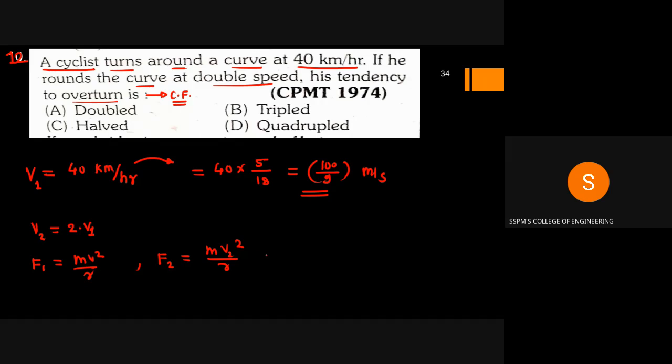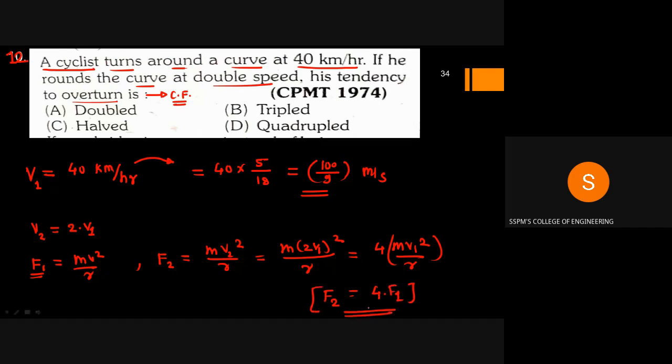So here v2 is equal to 2v1. So this is equal to 4 m v1 square upon r. So this value is nothing but the initial centrifugal force F1. So F2 is equal to 4 times F1.